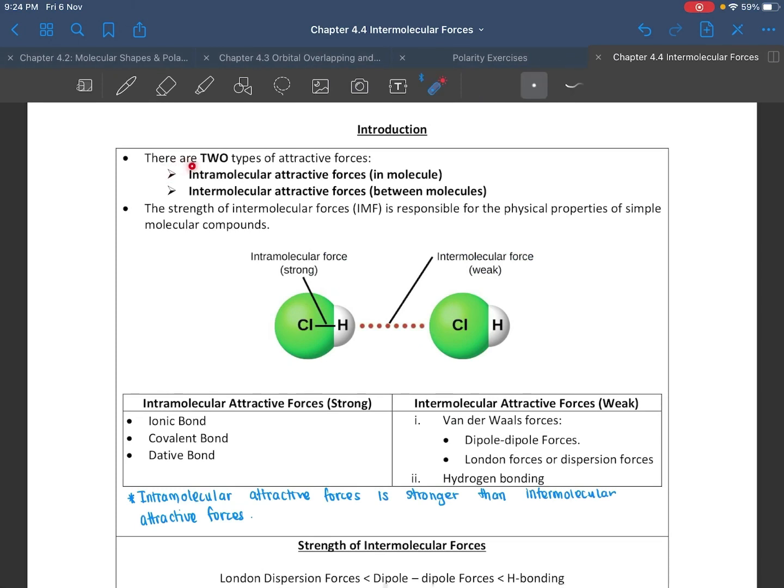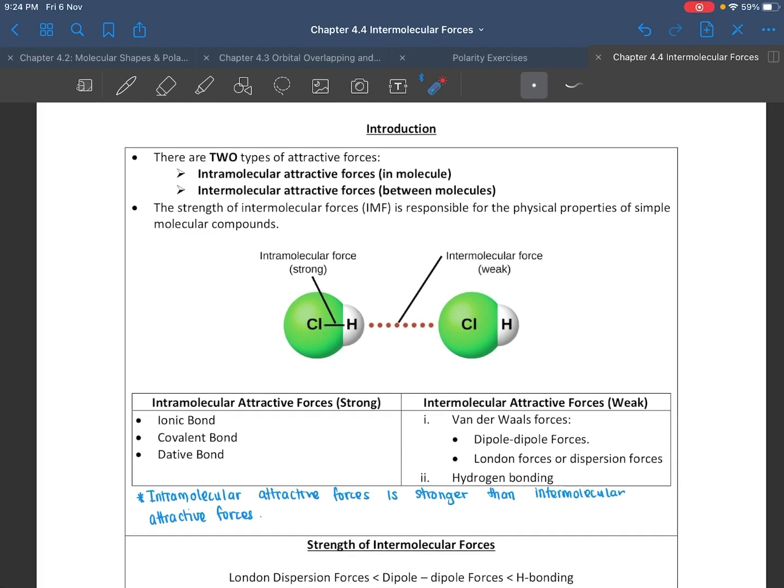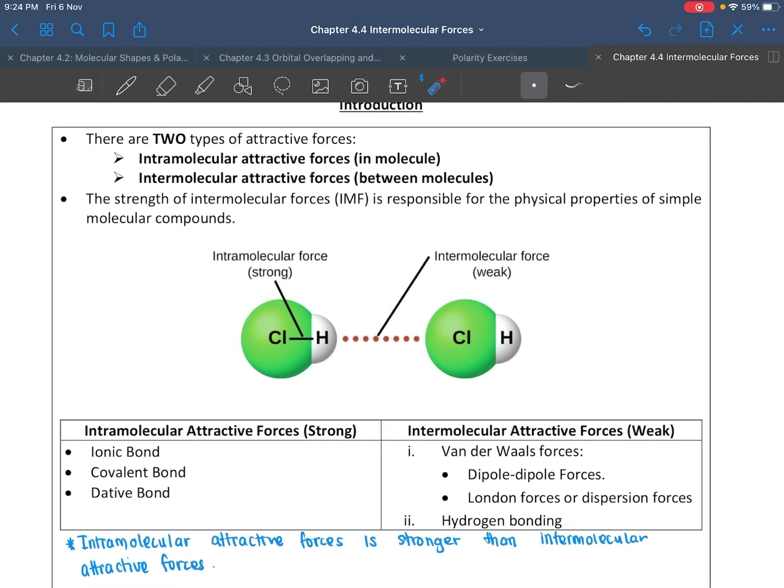There are two types of attractive forces. The first one is intramolecular attractive forces, and the second one is intermolecular attractive forces. You have to understand the difference between these two. Intramolecular attractive forces adalah attractive forces yang berlaku di dalam molekul, manakala intermolecular attractive forces ni adalah attractive forces antara molekul.